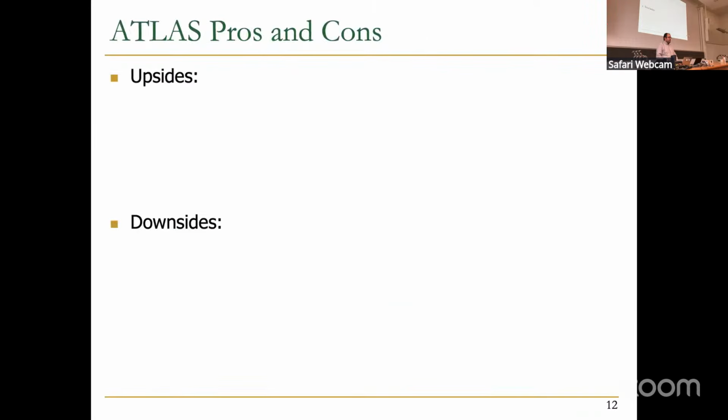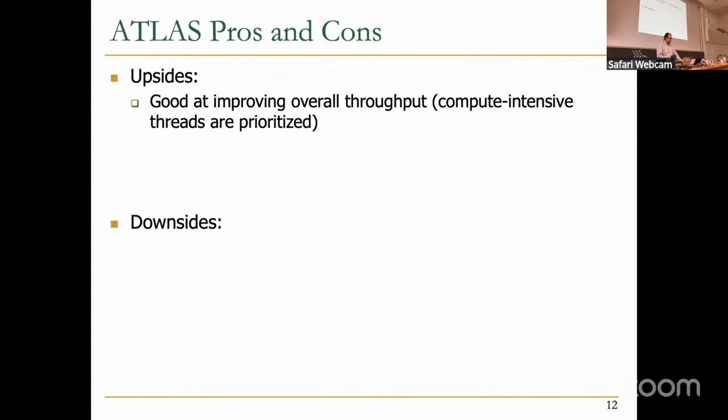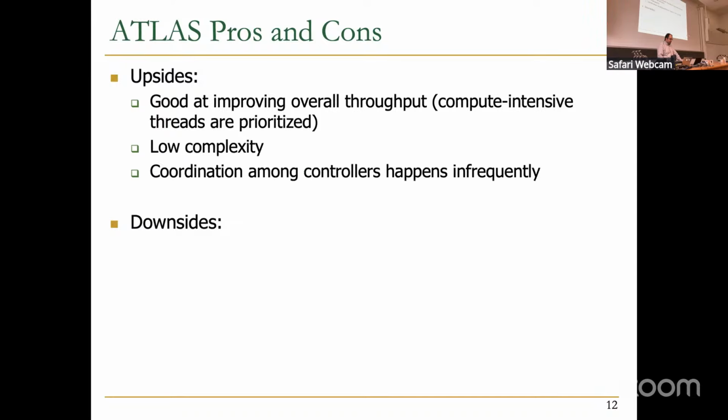Okay, so let's quickly go over some upsides and downsides of this technique. One of the upsides is that it is good at improving overall throughput. Compute-intensive threads are prioritized, and it's quite low complexity.